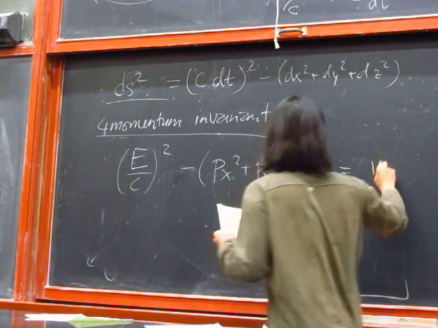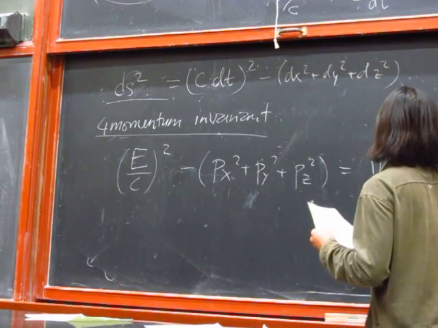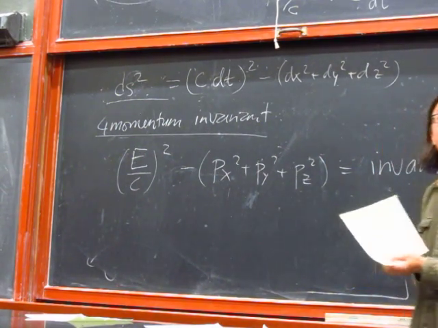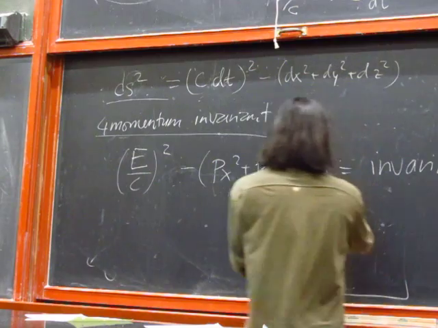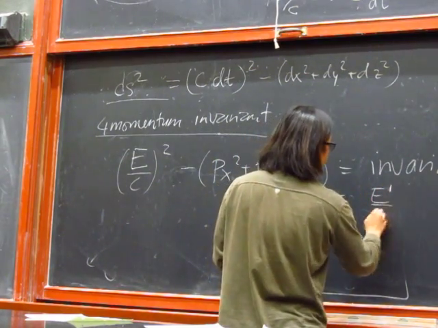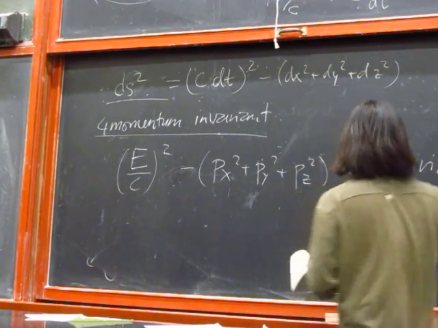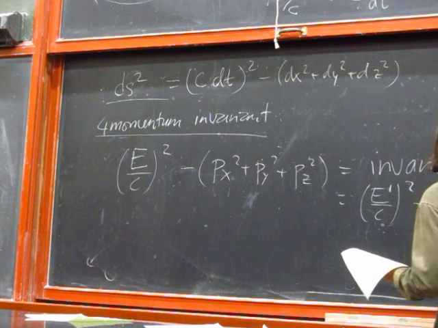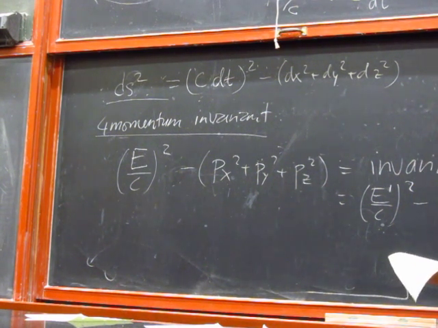This is also invariant. So this is also equal to (E prime over c) squared minus px prime squared plus py prime squared plus pz prime squared.